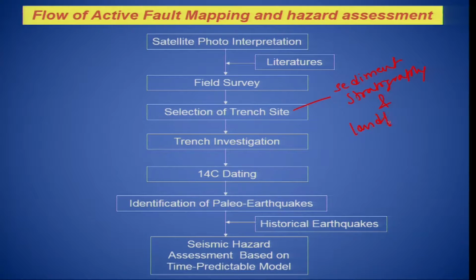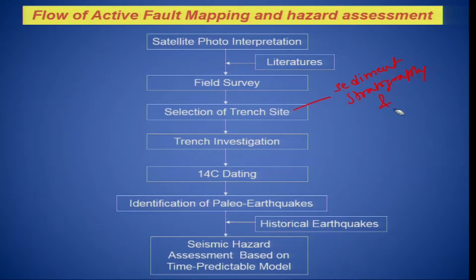Okay. So, these are displaced, or we can say deformed, landforms. Okay. Then in the trench investigation, we try to look at how many times this fault ruptured in the past, and we date those sediments or the buried coal, or maybe you can say charcoal, with the help of different techniques.